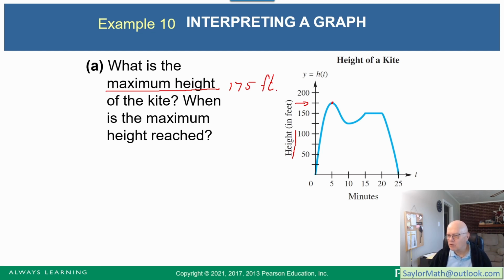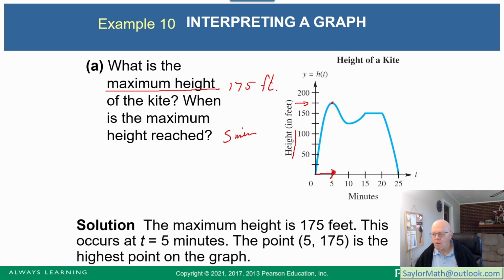Second, it asks, what's the maximum height reached? When is the maximum height reached? When means how long did that kite have to go until it got to 175 feet? About 5 minutes. And that corresponds to 5 minutes, 175 feet as our ordered pair.